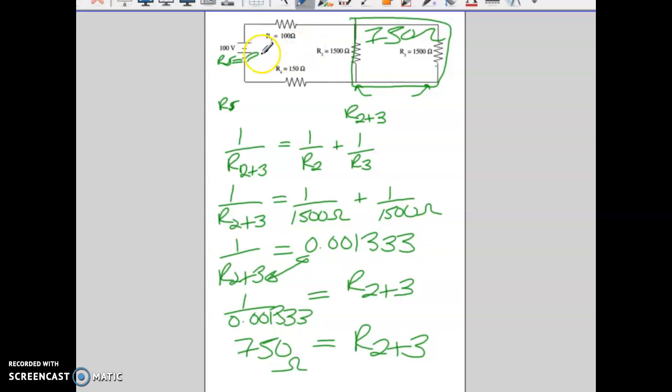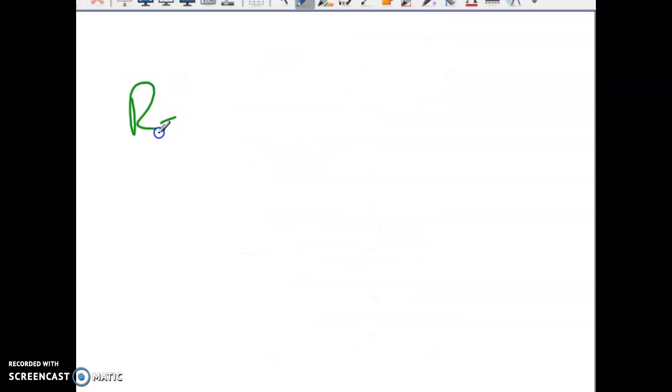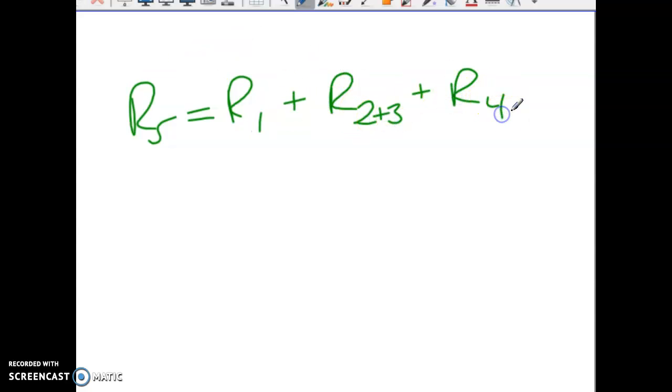So when we do this loop, we can now use our series rule because it's going to be R1 plus R23 plus R4. So RS is going to be equal to R1 plus R2,3 plus R4 because we now know what this is equivalent to.